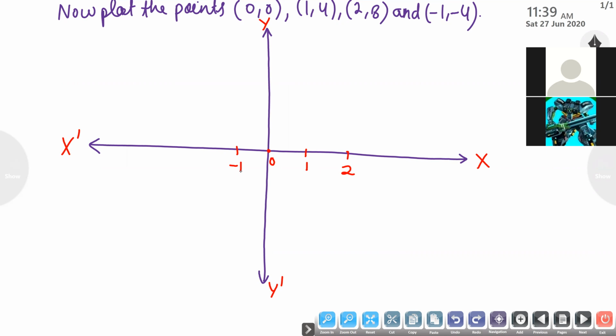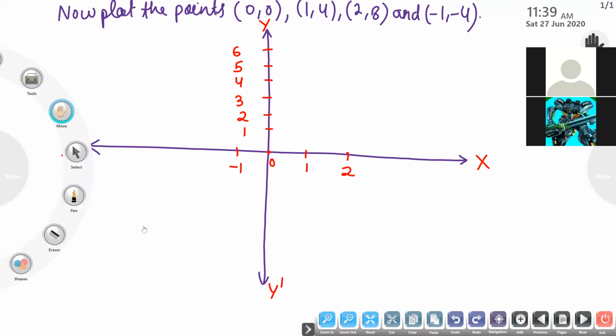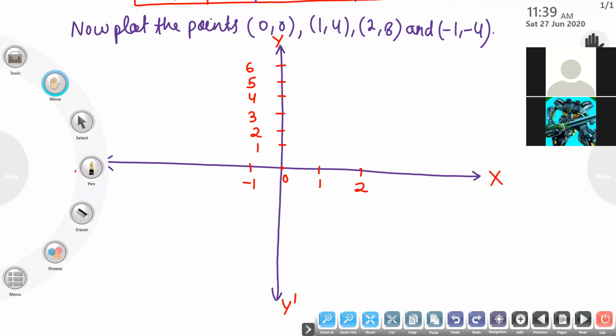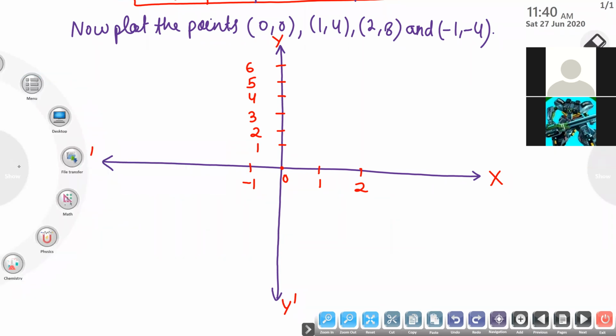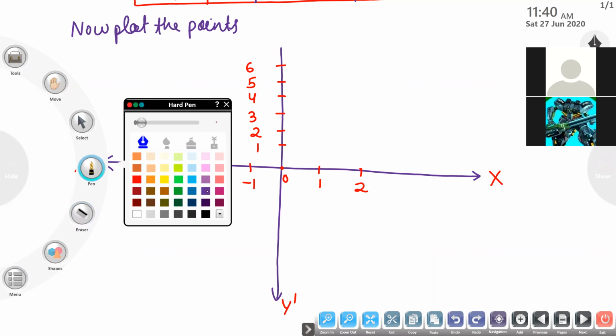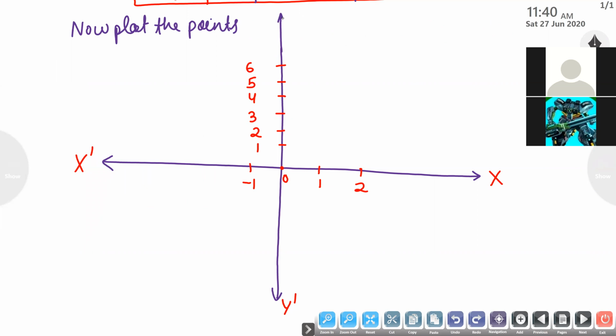Next, the highest value of plus y is plus 8. 8 is the highest value. 1, 2, 3, 4, 5, 6, 7, 8.